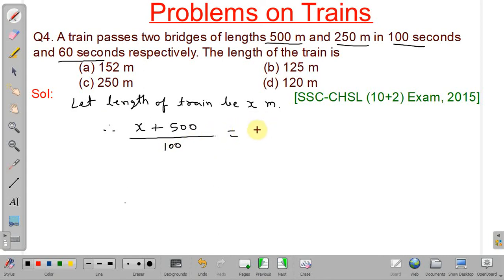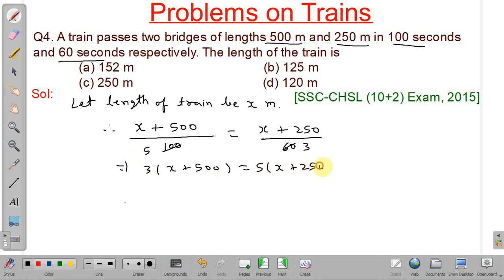And for the second case, total distance traveled will be length of train plus length of bridge divided by total time, that is 60. So both are equal to speed of the train, and when divided by 20 it will be 5. So 3 into x plus 500 equal to 5 into x plus 250.